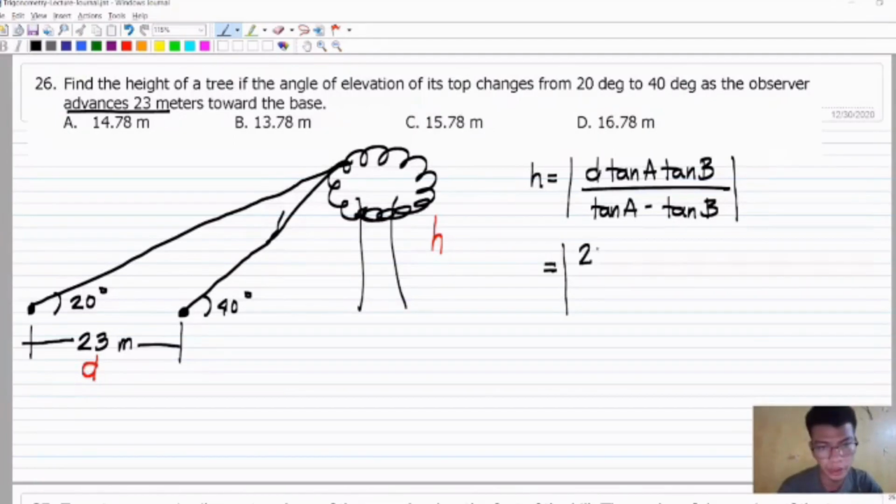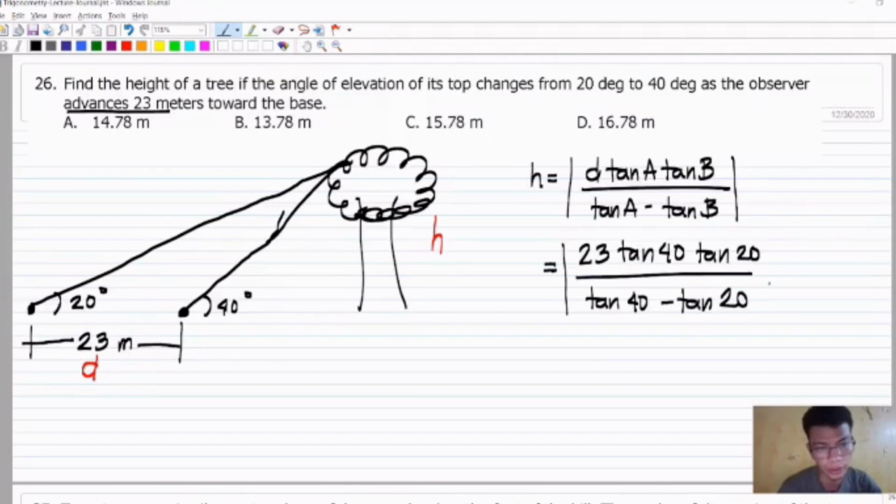So, ang D natin dito is yung 23, kung ano ang distansya na nilapit ng observer. Tangent A, sabihin na lang natin na 40, and then tangent 20 over tangent 40 minus tangent 20. Ang gagawin natin, pwedeng magbaliktad ang angle.